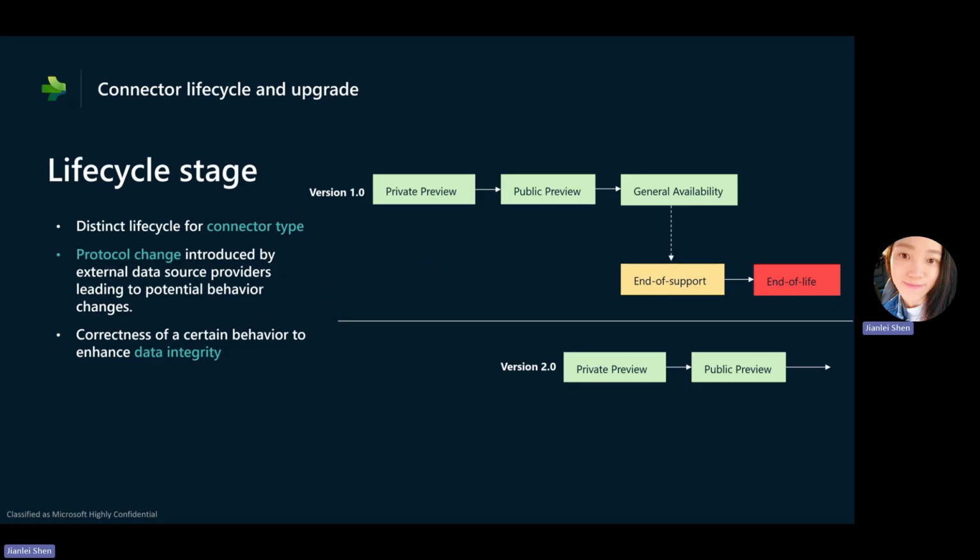We will also limit the maximum number of different versions within one connector, so that it will minimize your maintenance effort and your resources on managing the life cycle. On the other hand, you will get the latest functionalities and capabilities with minimum resources.